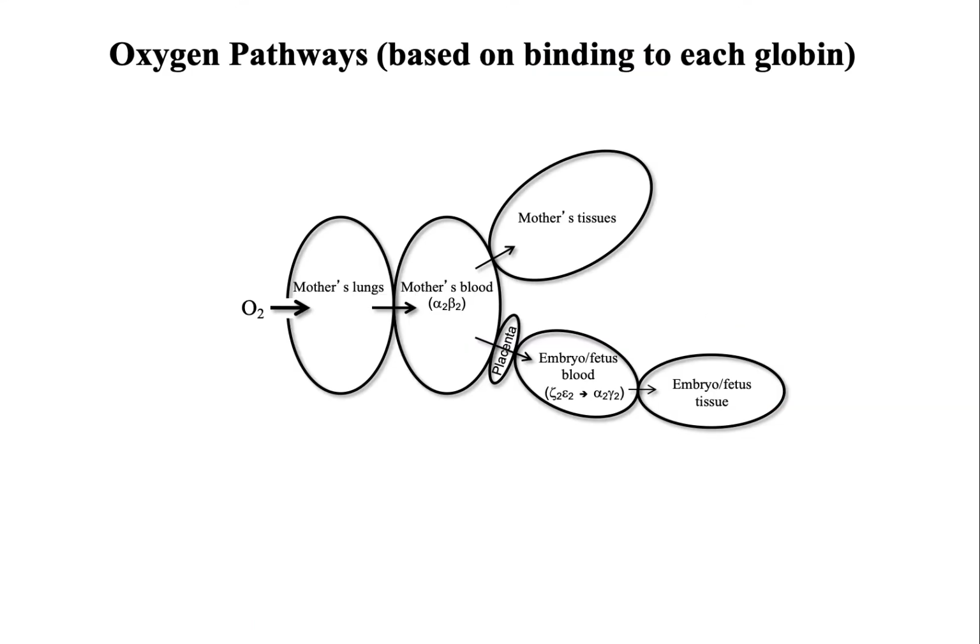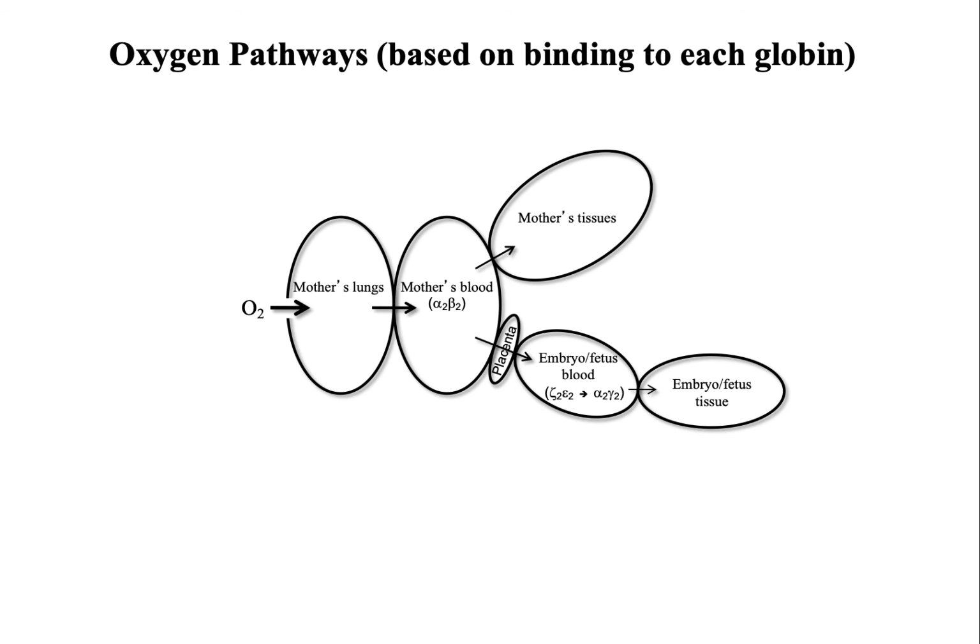Here's a different way of looking at it. So the oxygen moves into the mother's lungs. The oxygen is picked up in the mother's blood by the adult hemoglobin, which contains 2 alpha and 2 beta subunits. And then that oxygen is transferred into the myoglobin of the mother's tissue. Also, the oxygen is transferred through the placenta to the embryo or the fetus's blood.